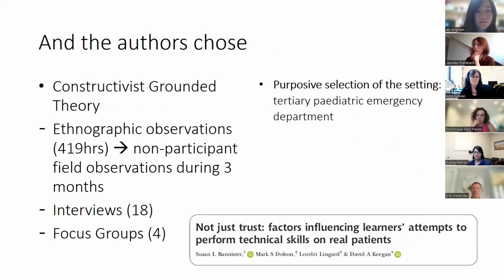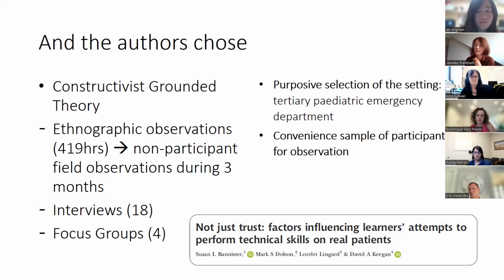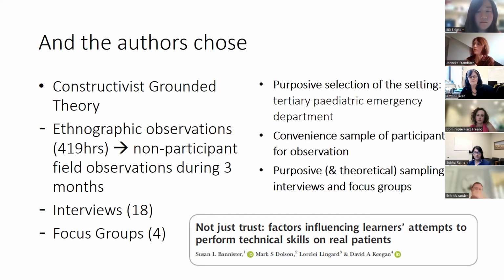They purposely selected the setting, which was a tertiary pediatric emergency department, which allowed them to really see this phenomenon going on in practice. And they did a convenience sample of the participants for the observations who were there at that time, but then they did purposive and theoretical sampling for the interviews and focus groups.